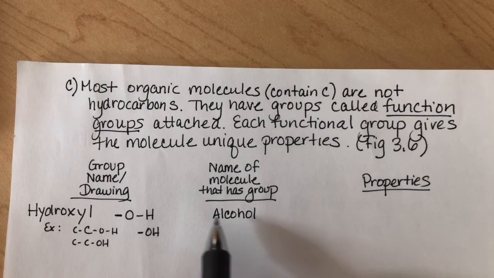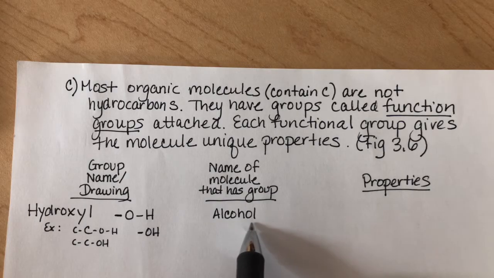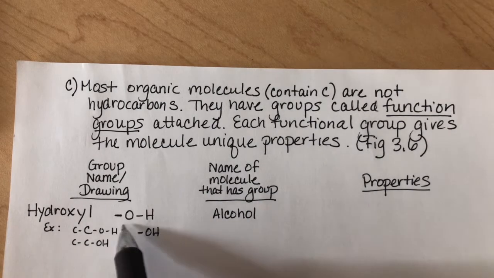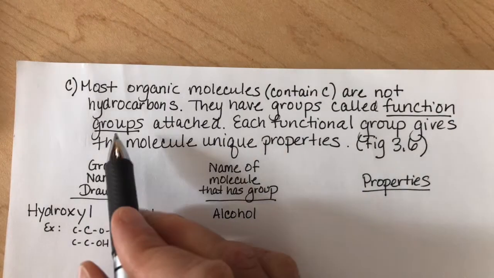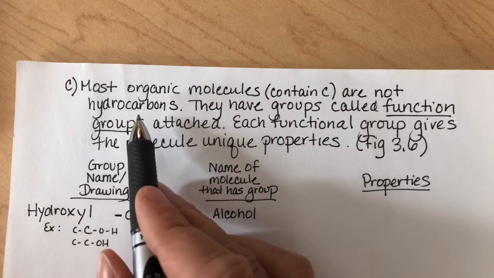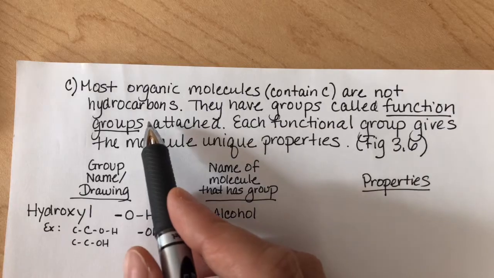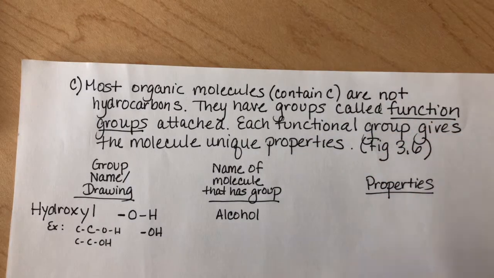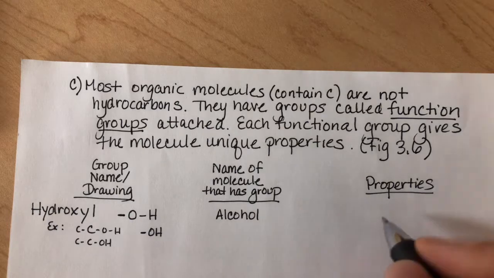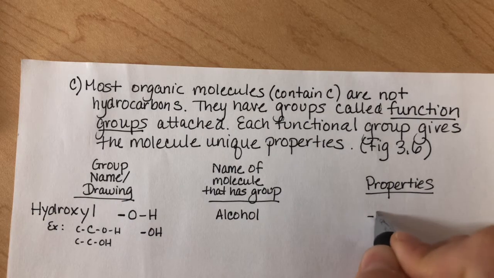This is the generic name, alcohol. Most of the alcohol names will end in OL, like methanol, ethanol, and they have hydroxyl groups. A hydrocarbon by itself, something made out of just carbons and hydrogens, does not have a charge and is nonpolar. We're going to see that most of these functional groups add polarity to the molecule. So this is polar, so I'm going to put here for the properties, it's polar.